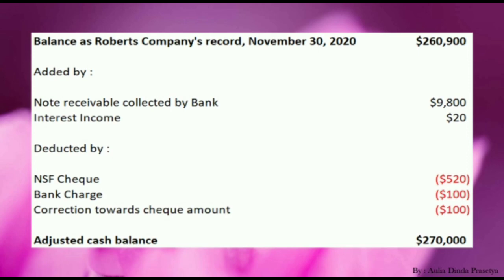In this case, Robert's company has recorded $370, but it is supposed to be $470. So Robert's company needs to deduct $100 from their account. Finally, we find the adjusted cash balance amounting to $270,000. So we have found the correct balance between the bank and Robert's company's record.